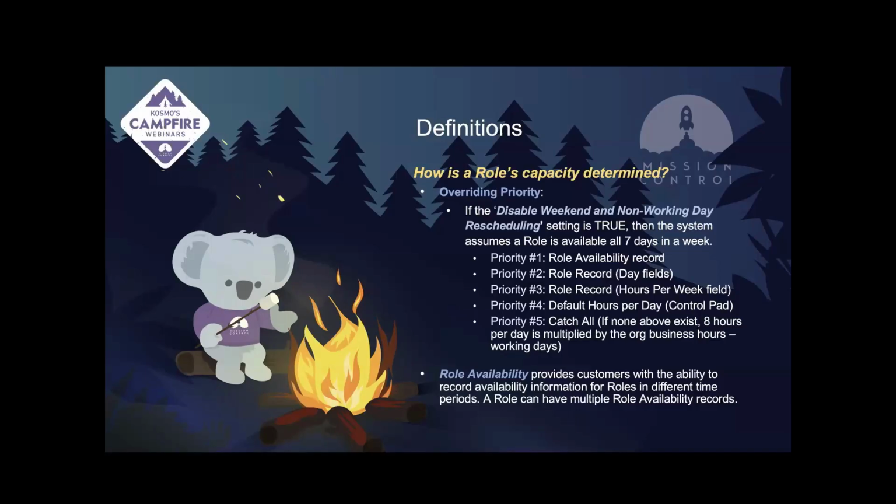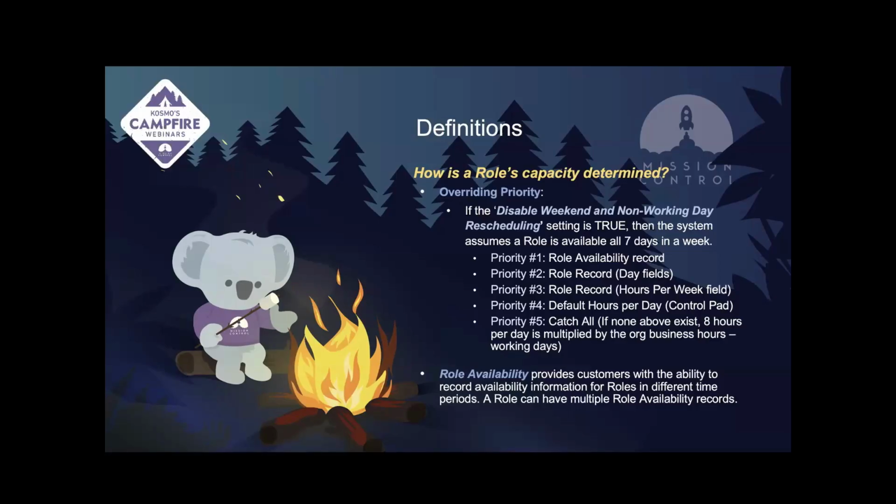The fourth and fifth priorities are like a default if there isn't any information above. It will default to 8 hours per day, multiplied by your Salesforce org's business hours and working days that you've already determined in your company org information. If you have a specific amount of time each day that you want your users to work, that will determine the capacity.